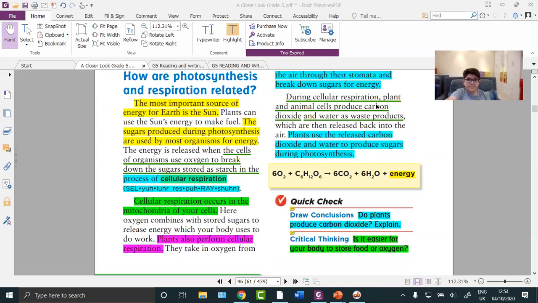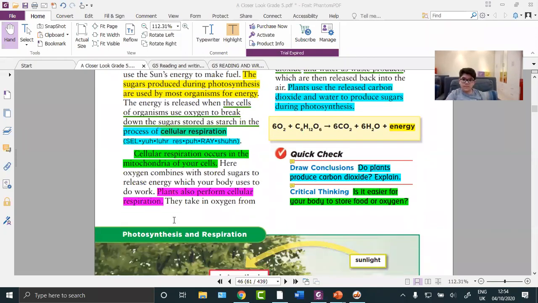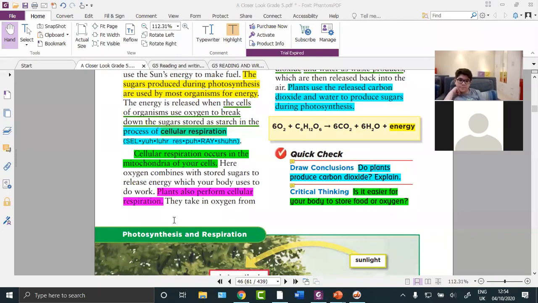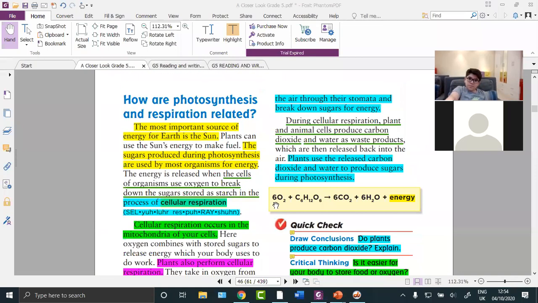Omar Wahbe, continue. Cellular respiration occurs in the mitochondria of your cells. Oxygen combines with stored sugars to release energy which your body uses to do work. Plants also perform cellular respiration. They take in oxygen.